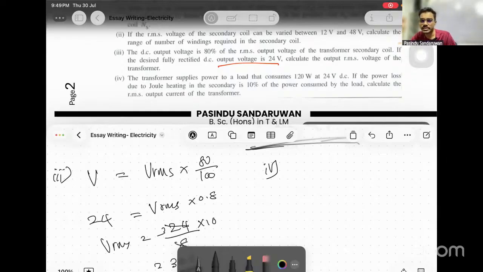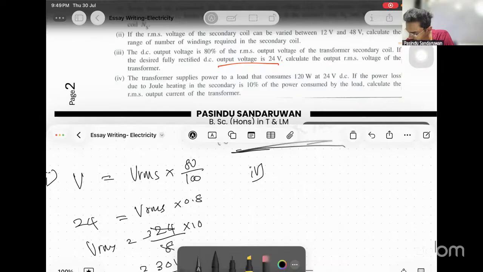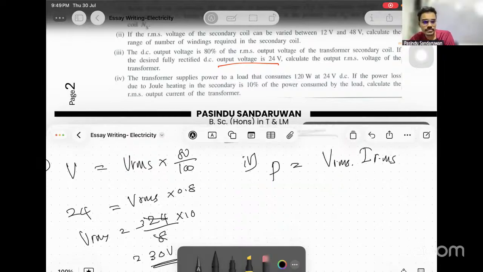Then we know power is VRMS times IRMS. The load power is 120 watts, but there's a power loss of 10%. Then total power is 110.